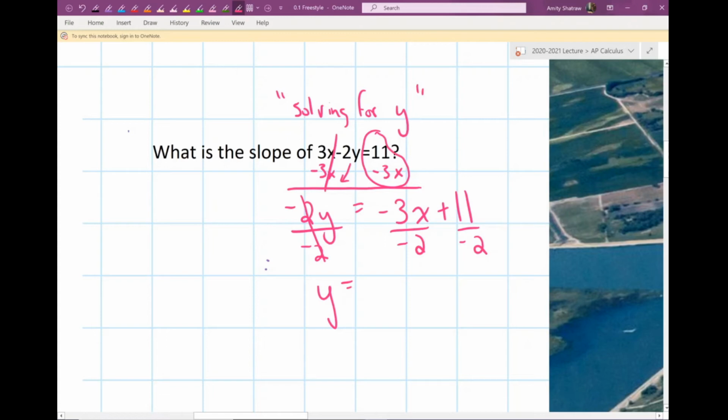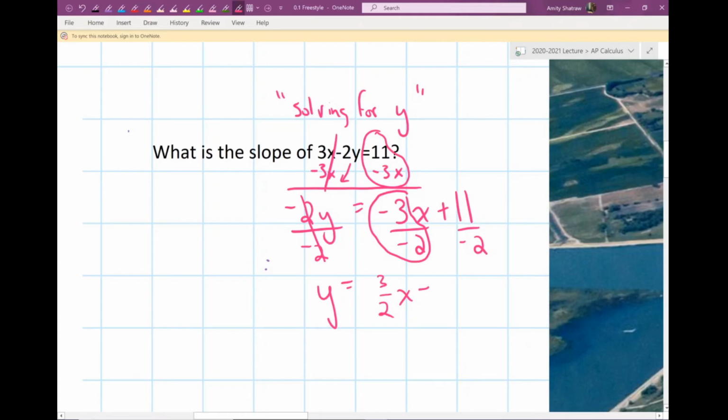Now, why would you solve for y? Usually so you could find the slope. Here is my slope. Negative 3 divided by negative 2 is the same thing as 3 halves, which I know is 1.5, but I'm not worried about decimals versus fractions here. You can always leave it as an improper fraction.